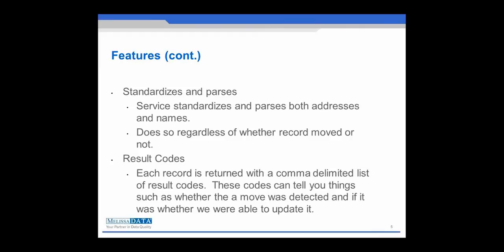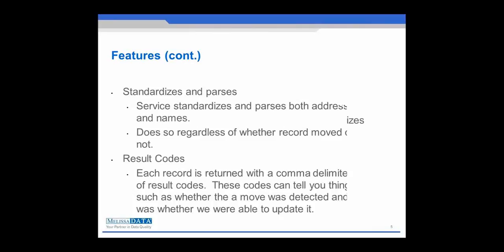You can just look for the codes to tell whether we've updated the address or not, or whether that person's moved and we haven't been able to update the address for some reason. For instance, if someone moved out of the country, say from the U.S. to France, we would be able to tell you that that person moved, but we wouldn't be able to update you with their current French address. But we'd be able to tell you through the result codes that they have in fact moved out of the country.